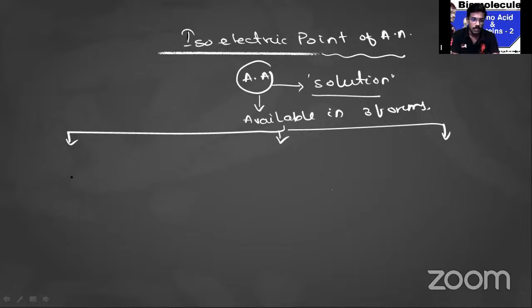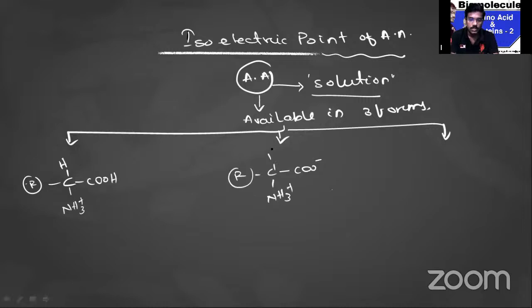Suppose this is one amino acid. It has the R group, then the presence of NH3 plus and COOH, and this is the hydrogen. Suppose this is one form. Another form, the amino acid may exist as COO minus, NH3 plus, this is the R group, this is hydrogen.